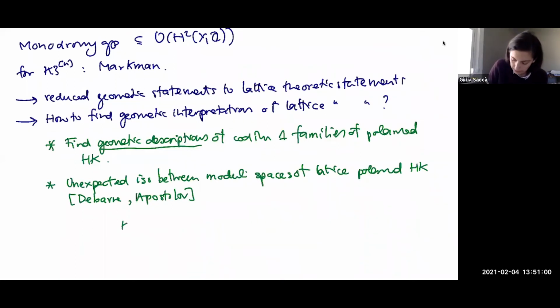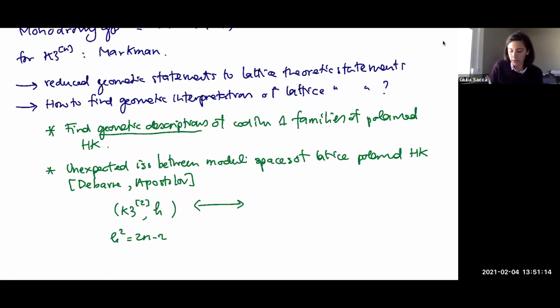If you look at hyperkähler manifolds of K3^[2] type, together with an ample class of square 2n-2, the moduli space of these, I'm hiding some other conditions that I need on H, but let me be a little vague, corresponds to the moduli space of K3^[n] type hyperkähler manifolds with a polarization of square 2. The statement is just a lattice theoretic statement about what is the period domain corresponding to these things. And so the question is, is there a geometric interpretation?